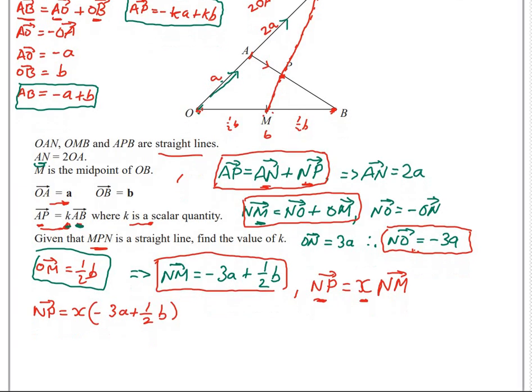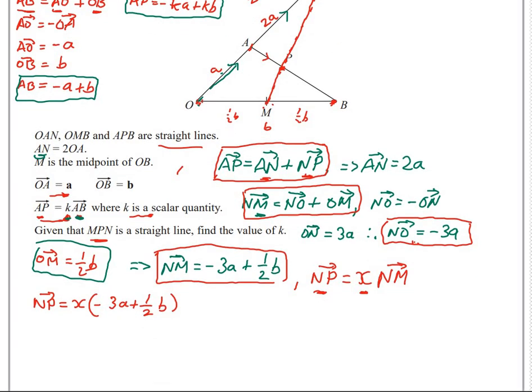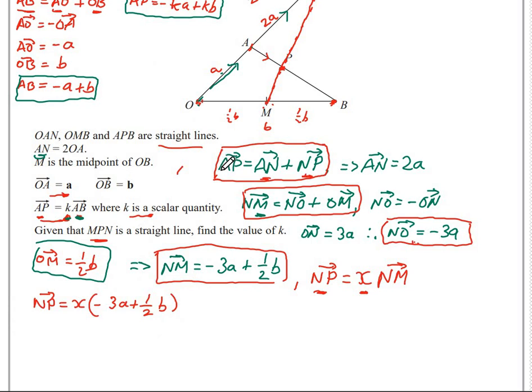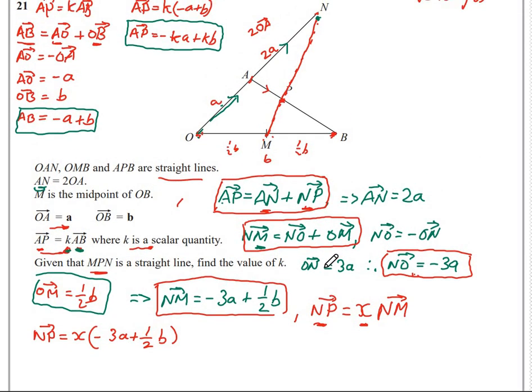So putting that all together, remember we're trying to find another expression for AP here. We know what AN is. AN is 2a. Now we have an expression for MP, so we can just add them together. Look, AP equals AN plus MP.